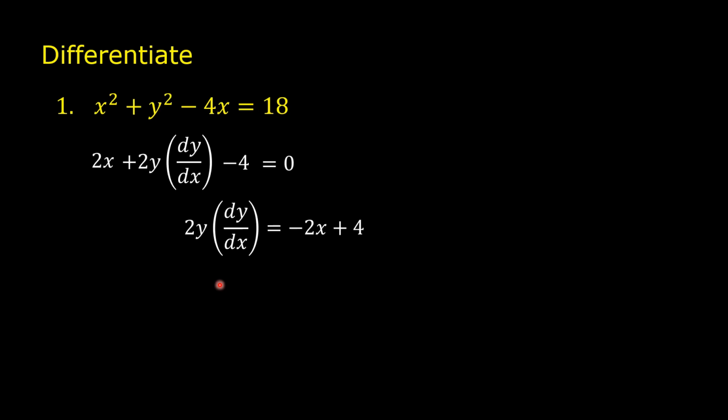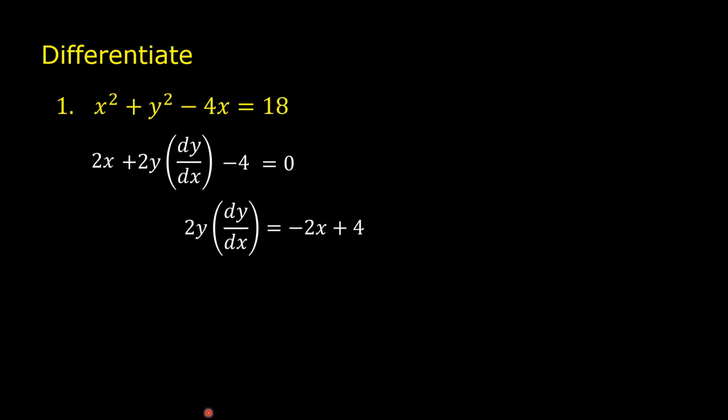Solve for dy/dx. We can do that by dividing both sides by 2y. So divide the left side by 2y and then divide negative 2x by 2y and 4 by 2y.